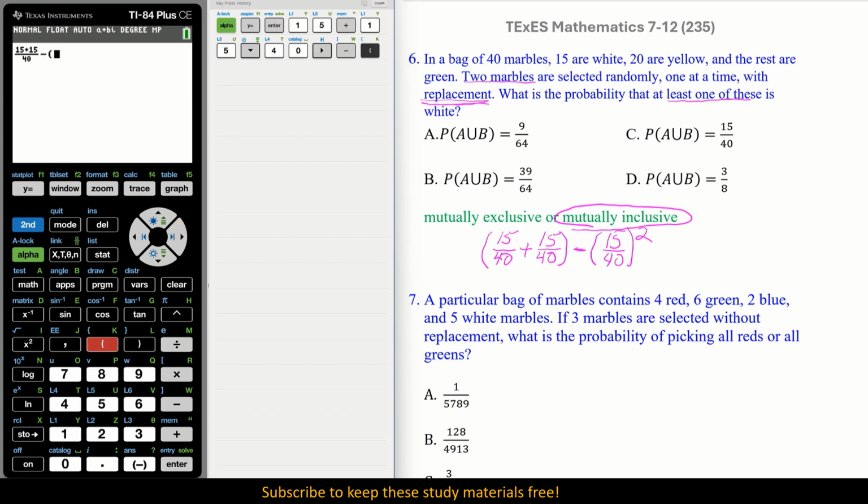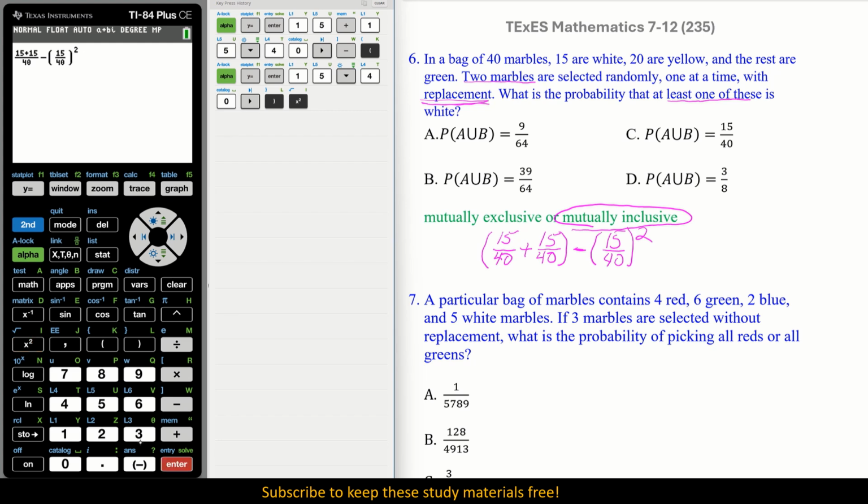So now let's subtract. I'm going to use parentheses and alpha y equals again, and 15 over the 40. I'm going to arrow over my parentheses. The reason I'm doing that is I'm simply going to square it, which is multiplying the 2 fractions together. I'm squaring them.